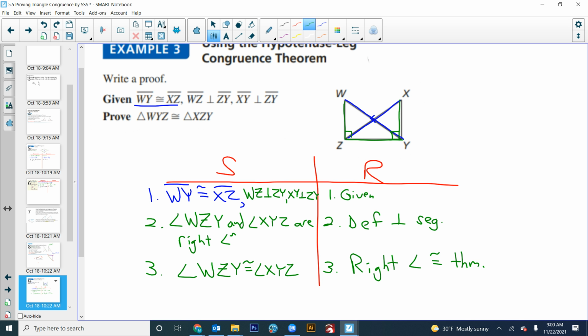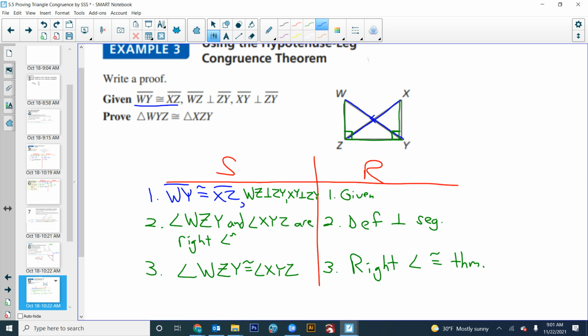Finally, now we have a pair of congruent angles. They gave us a pair of congruent sides. So this is in the proof.